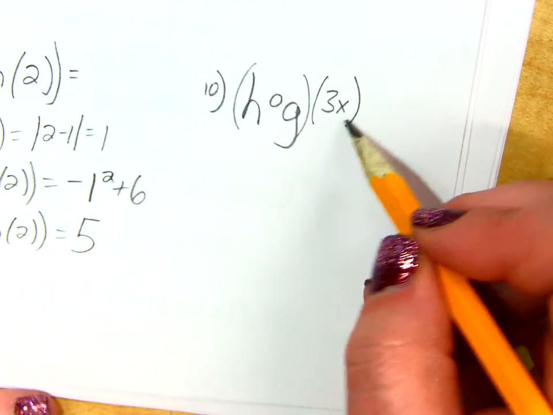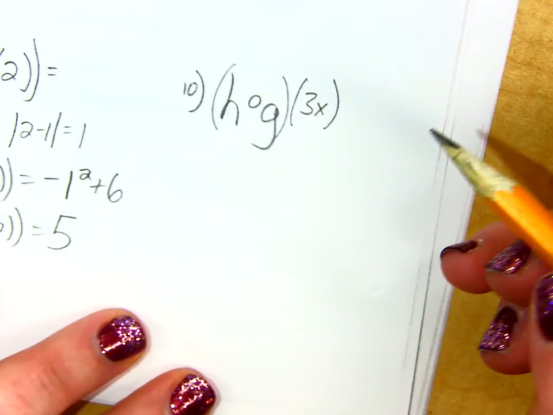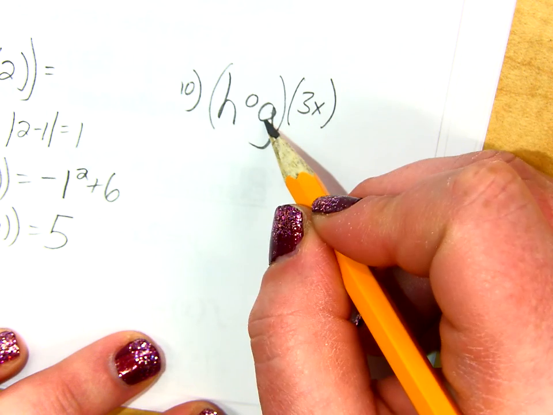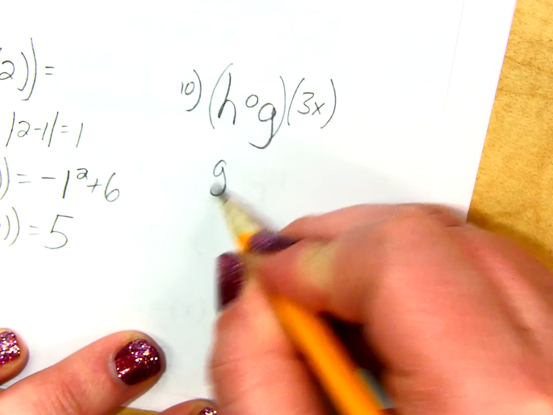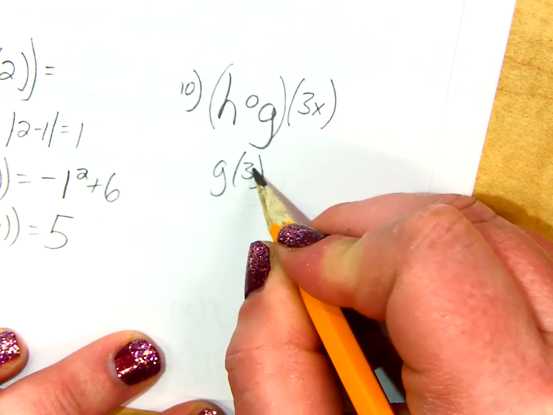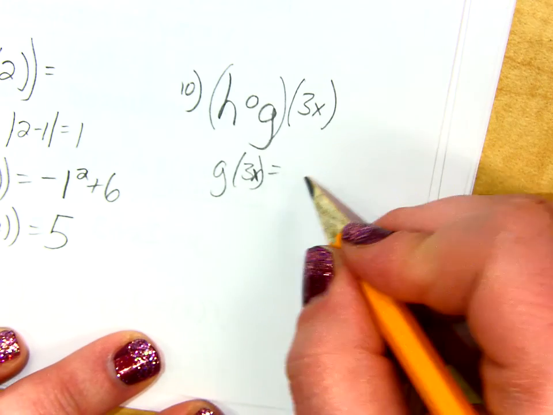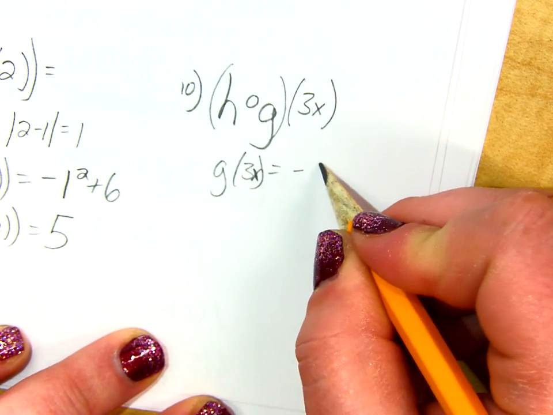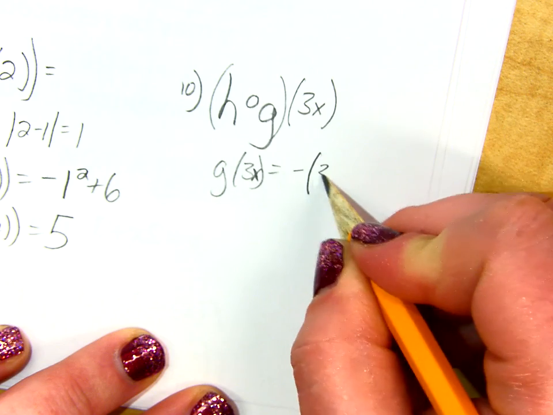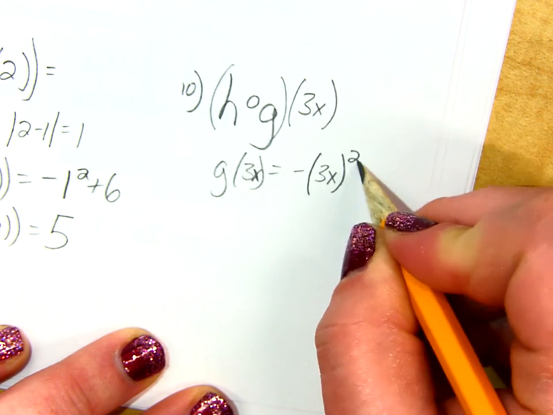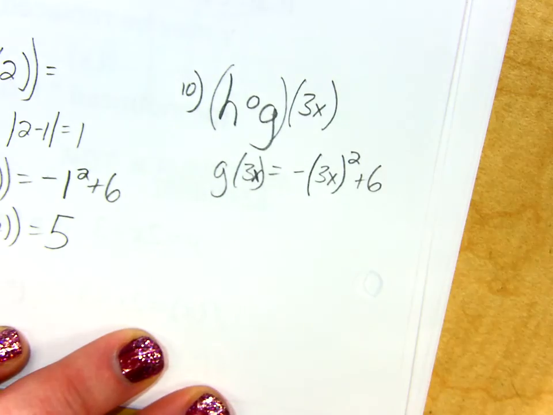So this one, my answer is going to still be in terms of x, but that's all right. So let's take 3x and put it into g. What does that look like? Now, remember, you're taking whatever x is and you're going to square it. So in this case, x is 3x, and I'm going to square it, plus 6. Is that okay? Do you see how I wrote that in?